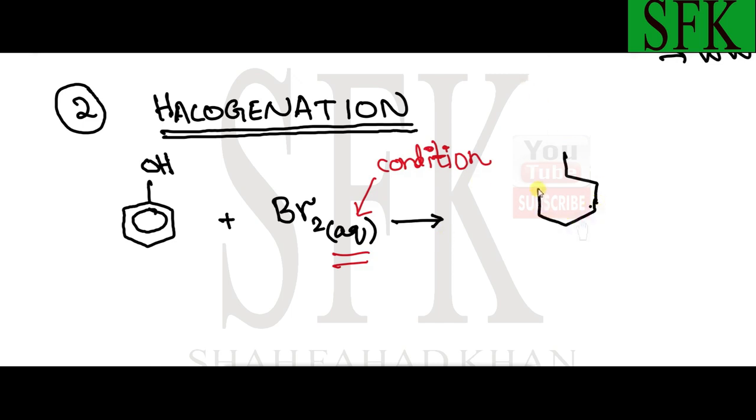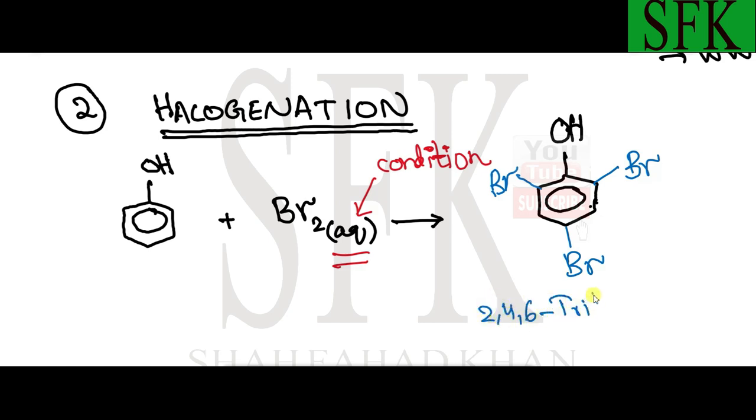The product will appear as Br, Br, Br on the 2, 4, 6 positions, and the product would be 2,4,6-tribromophenol.